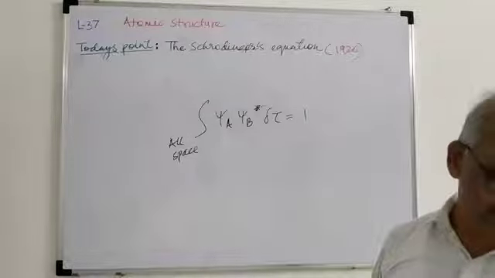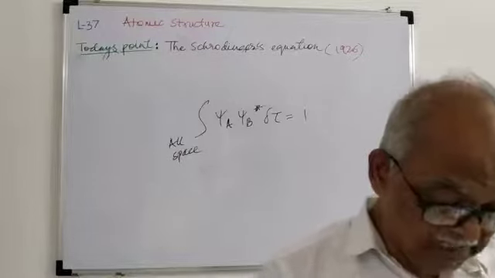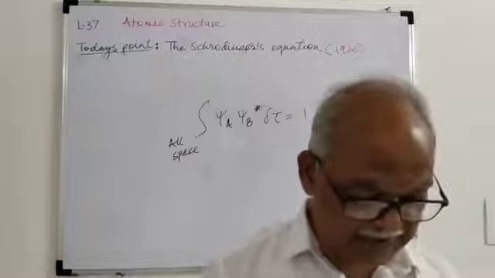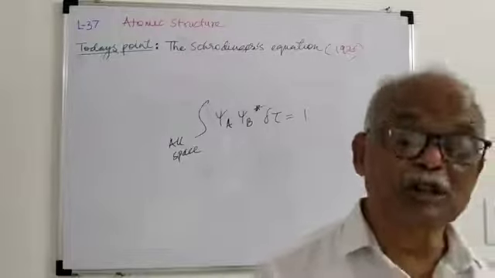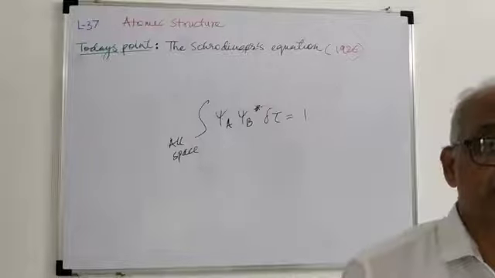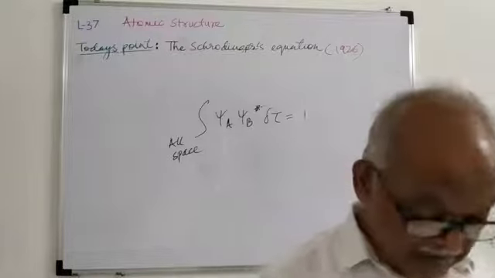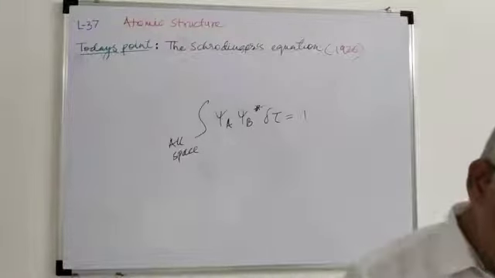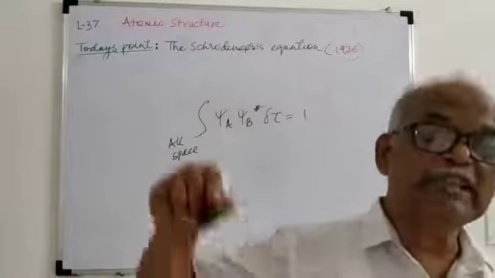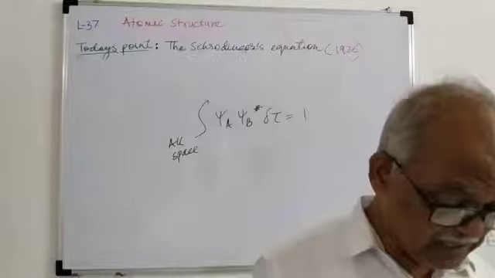When it is 1, the total probability of an electron being somewhere in space is 1, and this is called the normalizing of the wave function. It cannot have different values.